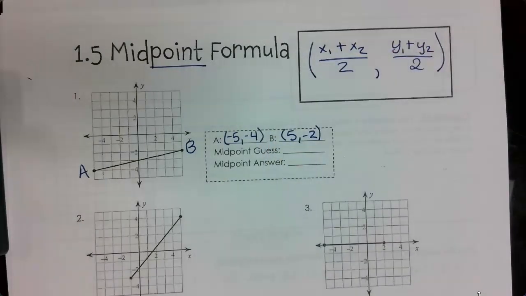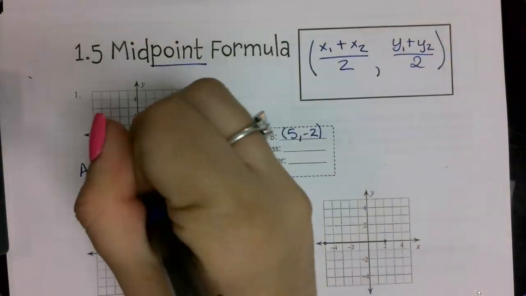Okay. So this is just having us guess where we think the midpoint is and then using the formula to actually check. Where do you think the middle of this line is? Just give me a coordinate point. Just -3 or 0, -3, so we think it's right here.